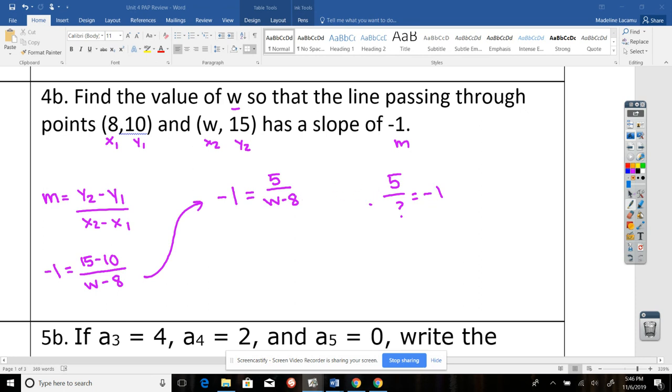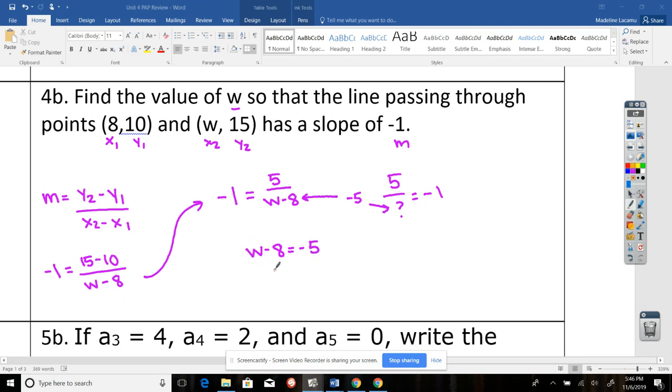So we know that this number has to be a -5, which means that w minus 8 also has to equal -5. So the hardest part is figuring out what this bottom has to equal. So you just have to think 5 divided by -5 would give us a -1, which means w minus 8 also equals -5.